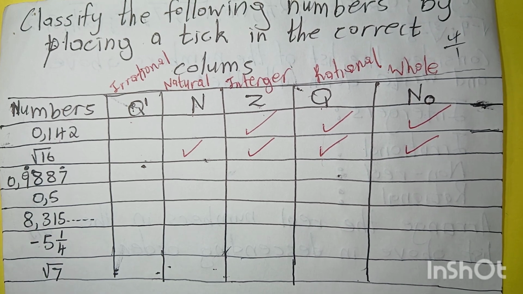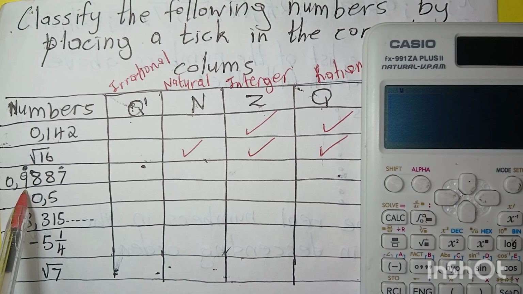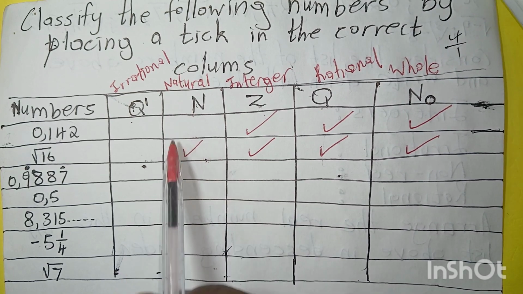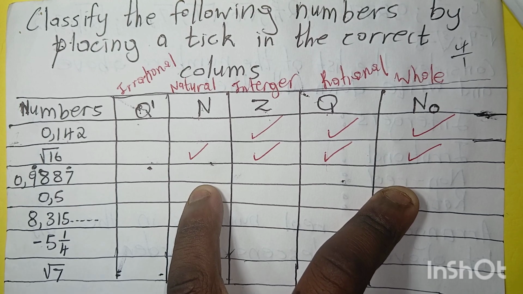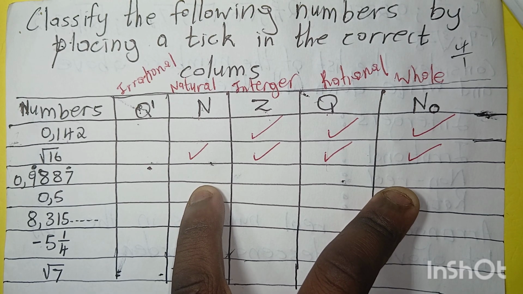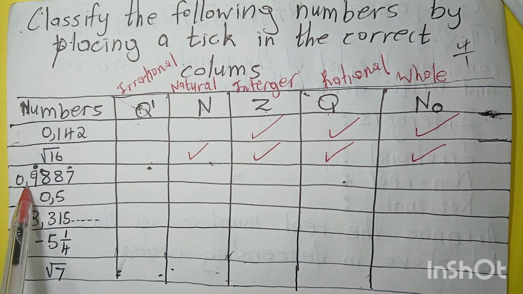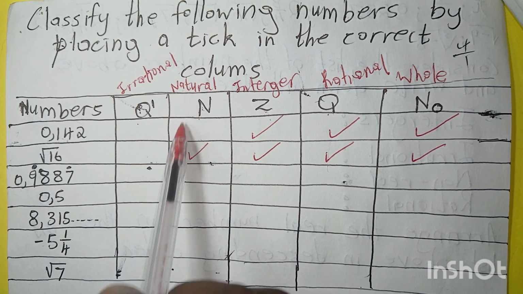So here's a problem now. Tell me, is this a natural number, or is it a whole number? Which one is which between those? Because this, guys, is less than 1. If here there was 1, you can say it is a natural number.